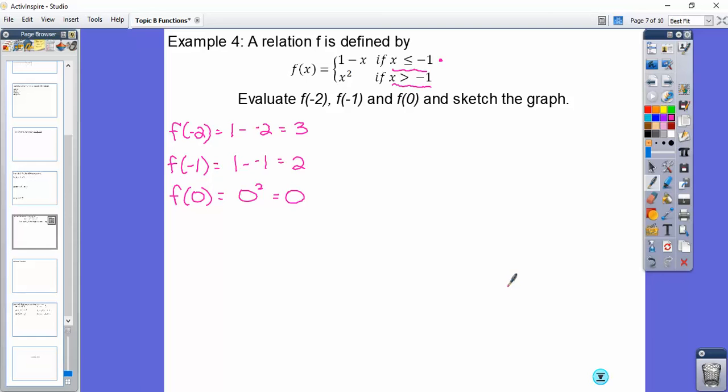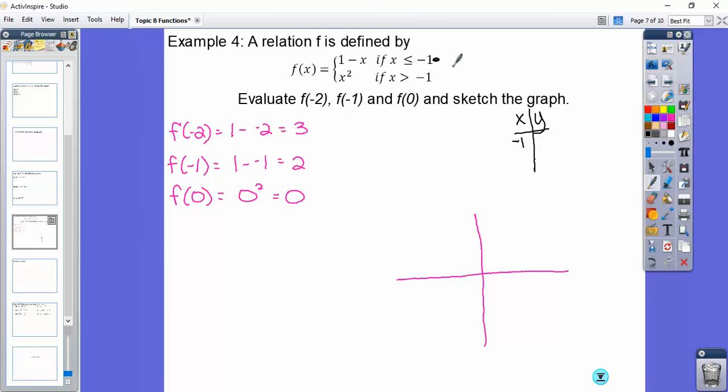Alright, to sketch this graph we need a t-chart. Our rule in Algebra 2, college algebra, pre-calculus algebra, any of those, was always to make a t-chart for each piece. So if I'm looking at the first one, you have to start at this breaking point.